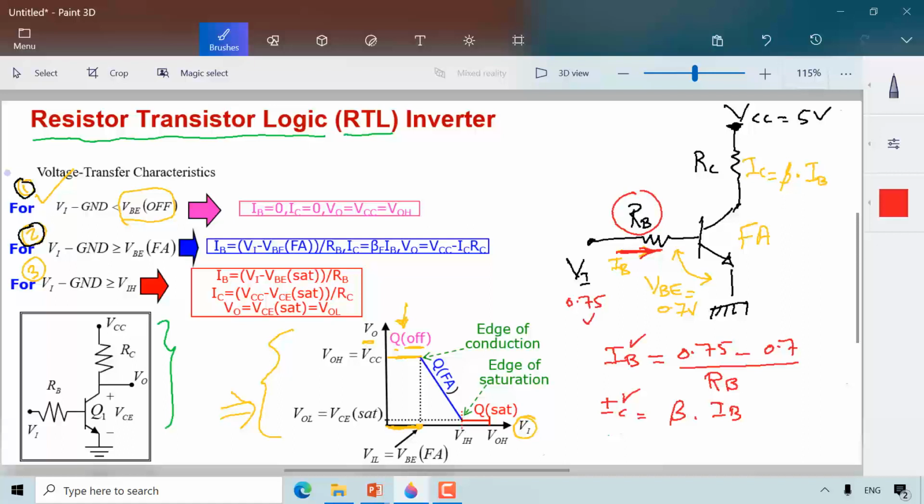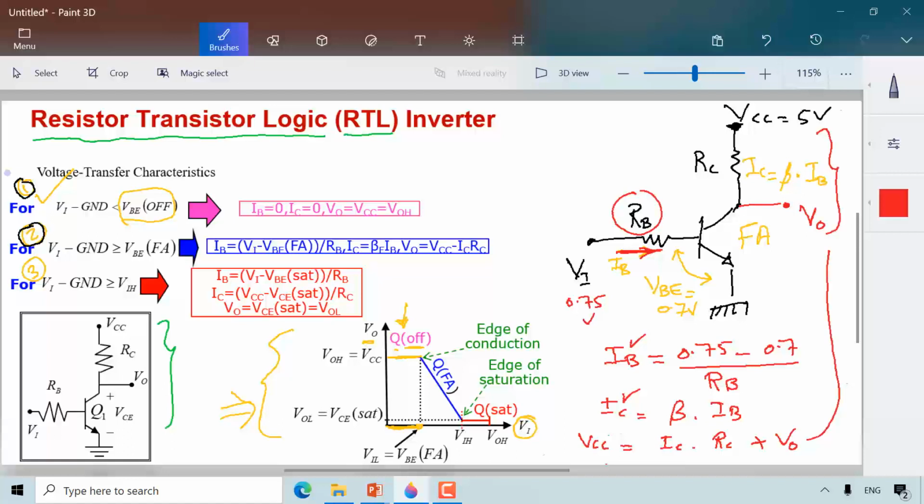Typically, you are given beta in the question. And now what I always want is to find the output value here. Well, from Kirchhoff's voltage law, VCC equals IC times RC plus Vout.